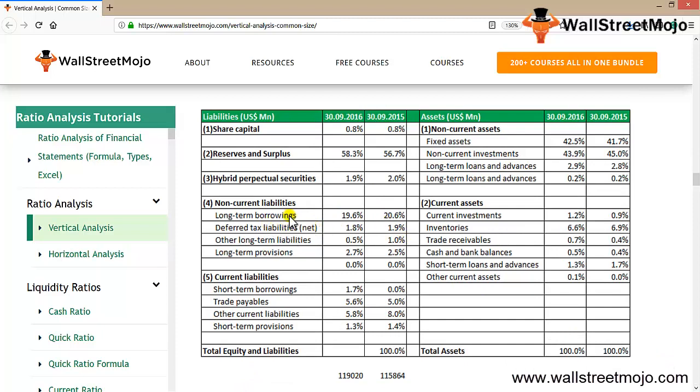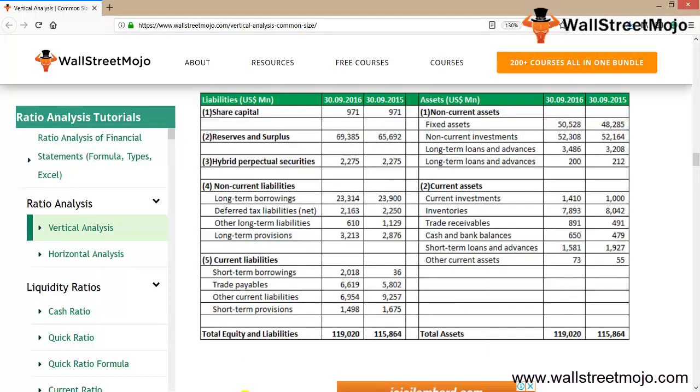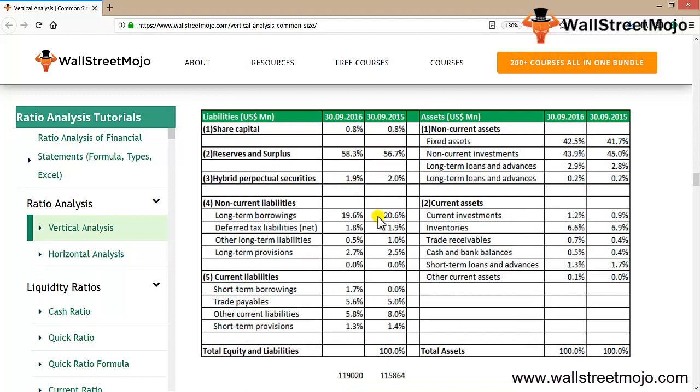After conversion of the 2 years' balance sheet, we can derive that reserves have marginally increased by 2% from 56.7%. This means the profitability must have increased. You can see from 56 to 58.3. The long-term borrowing has decreased by close to 1%. This means some marginal repayment of the loan must have happened.